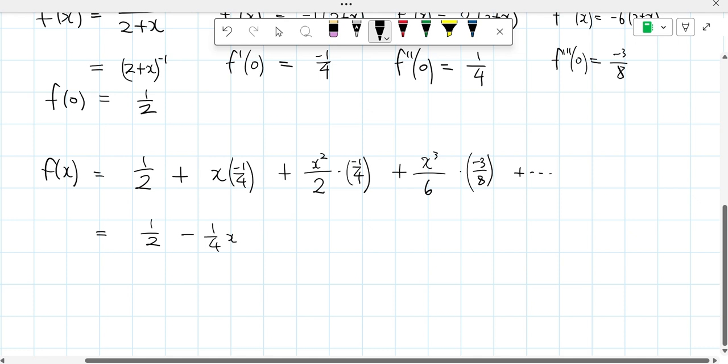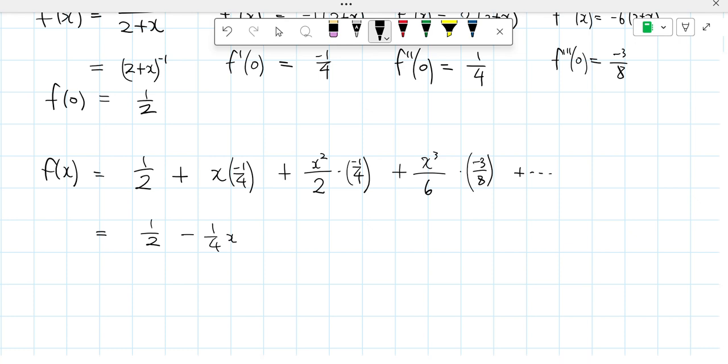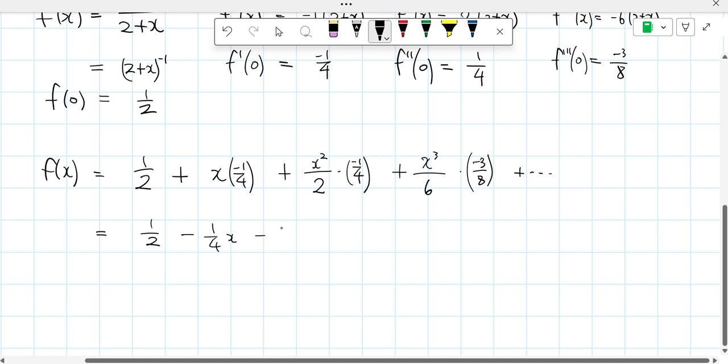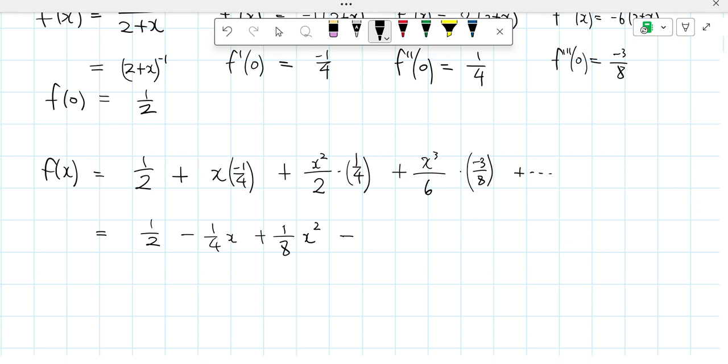And then what about negative 1 over 4 divided by 2 will be negative 1 over 8x squared. Isn't it? Thank you for catching that. And then my next term will be minus, well, 3 and 6 cancel out. So it's 1 over 2, so it's 1 over 16.